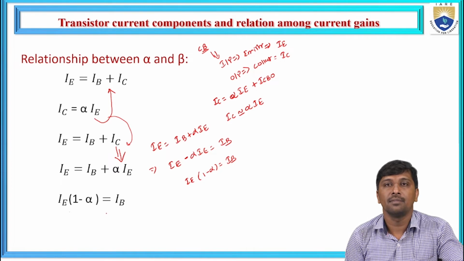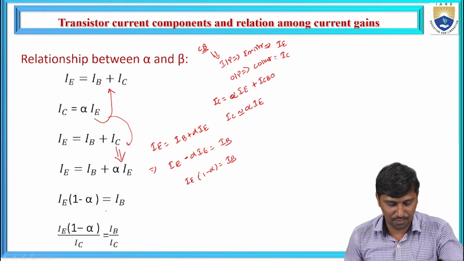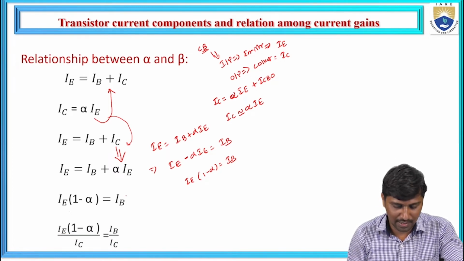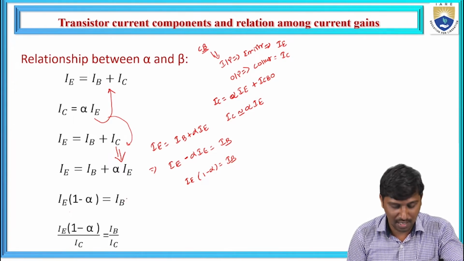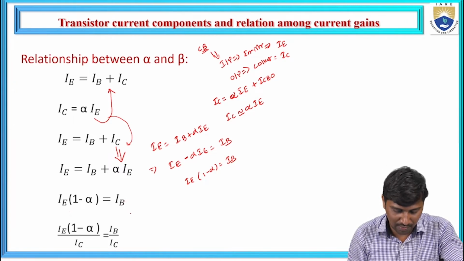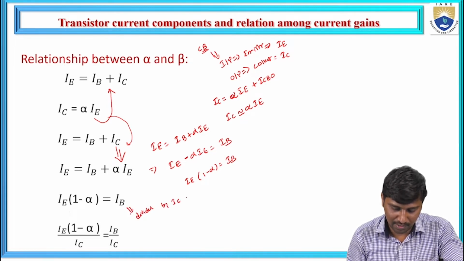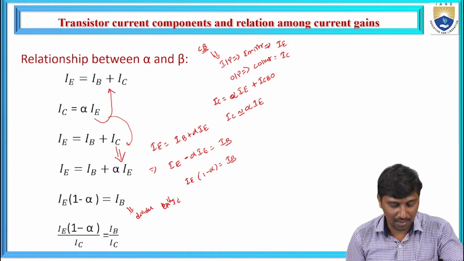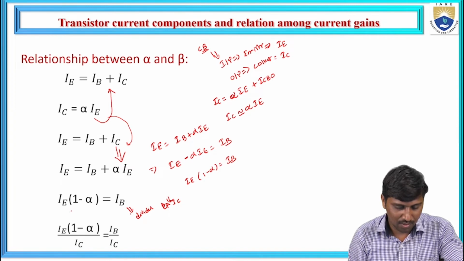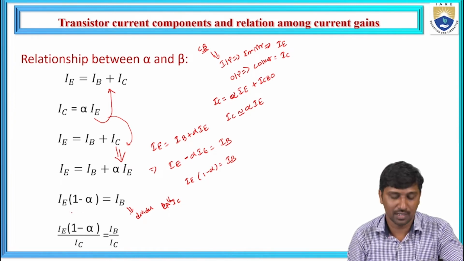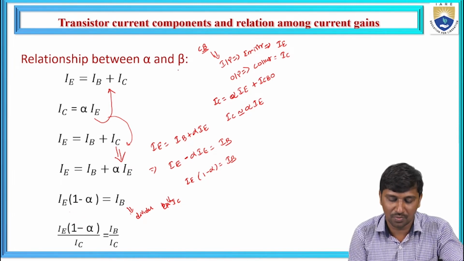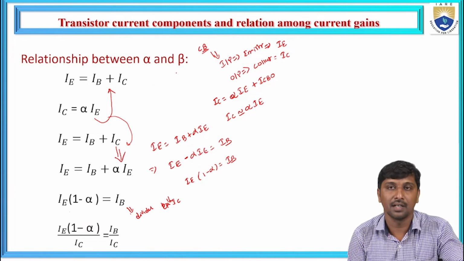Again from this, I am going to observe this equation. On both sides I am going to divide by IC, both the numerator and the denominator. Why am I dividing by IC? To observe the ratio of alpha in terms of beta.